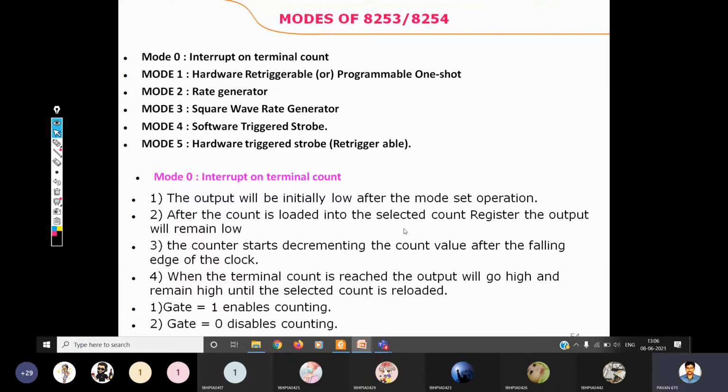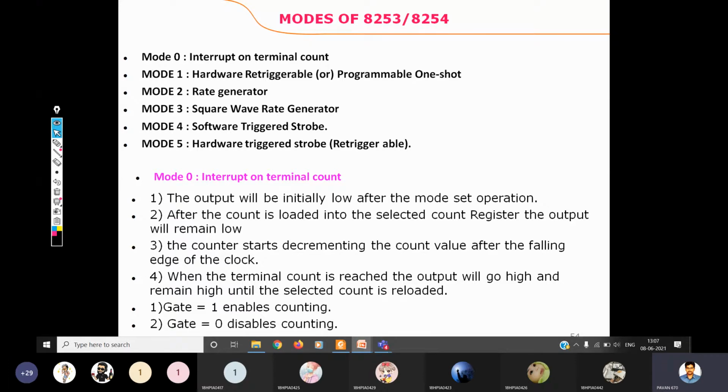The count is loaded into the selected count register, and here initially the output will remain low. What we have to observe is the output signal, because for every counter we have already told with respect to the pin diagram that there is a clock signal, a gate signal, and an out signal. Clock, gate, and out are the 3 pins dedicated for every counter in the 8254.